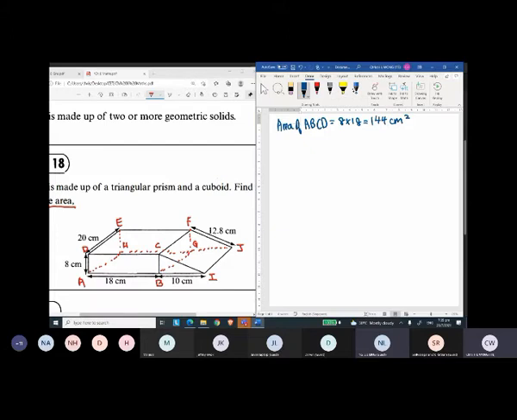So one side is done. Do you agree that A, B, C, D is 144? Do you agree that the area behind, E, F, G, H, is also the same? So I'll just put 144. Can or not?